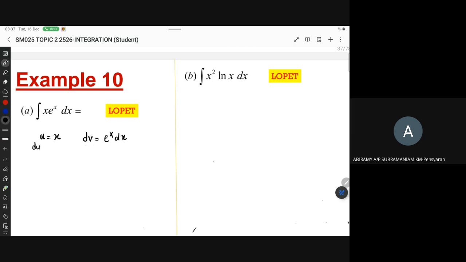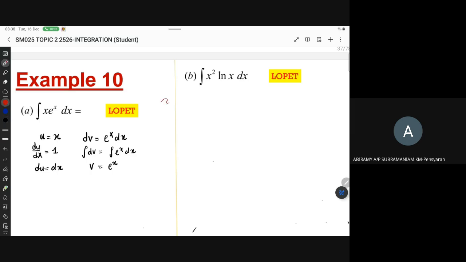So du dx is 1, du is dx. And how to find v from dv? We need to integrate dv. Integrate exponent x, we will get exponent x. While using by parts, we don't have to write plus c yet. We will be writing the plus c at the last step.